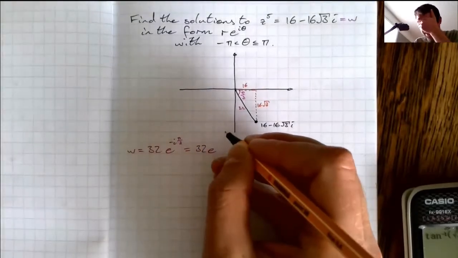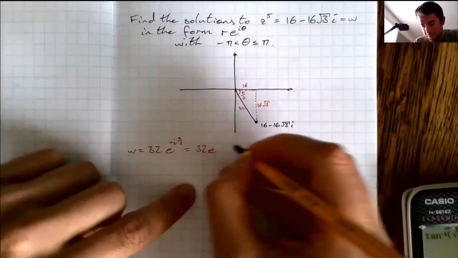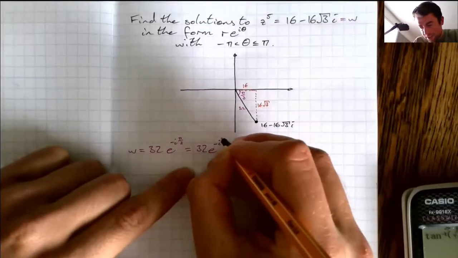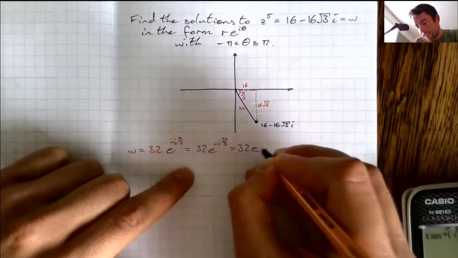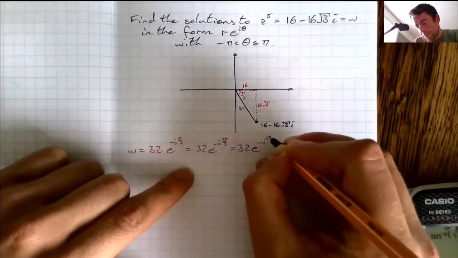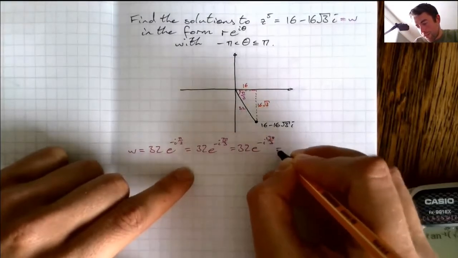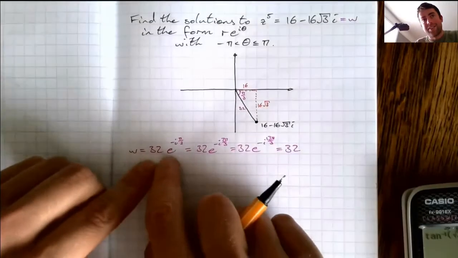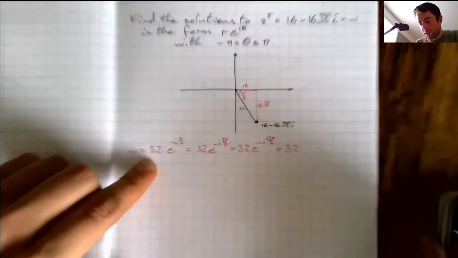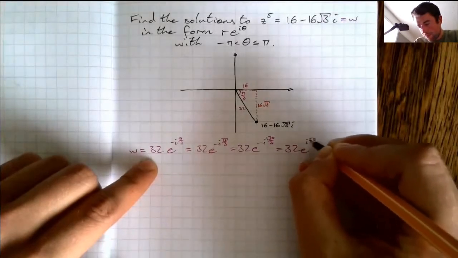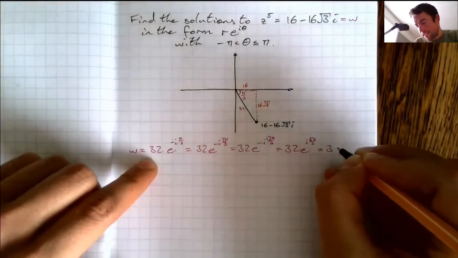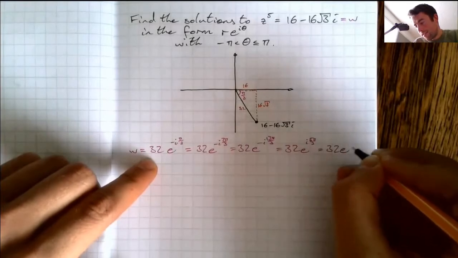So 2 pi is 6 pi by 3, so this becomes 7 pi by 3, and 13 pi by 3. Then I'm going to add 2 pi on the original thing. And add it on again.